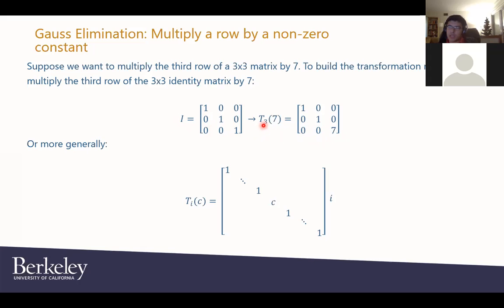And again, look at the nomenclature: T of 3, parenthesis 7, that's the transformation of row 3 by 7. This nomenclature is specific to this project, it doesn't come from anywhere else. What this means is multiply row 3 by 7. More generally, T I of C means multiply the ith row by C. It will be essentially the identity matrix except for the ith element, which is the number C.